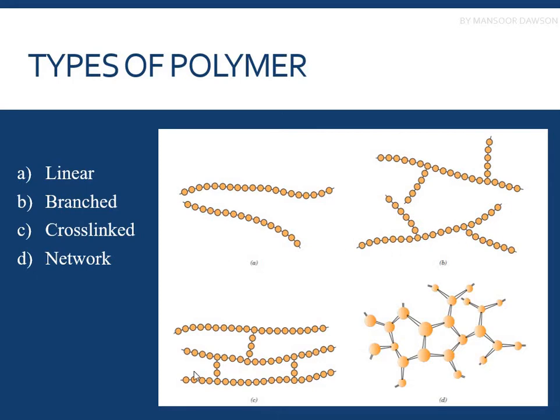In the third one, the polymer is cross-linked, that is several chains are attached together by branching. And the last one is the network polymer, in which approximately each atom is a part of the network and is combined to the other atoms in a definite pattern. This pattern may be long range or short range.